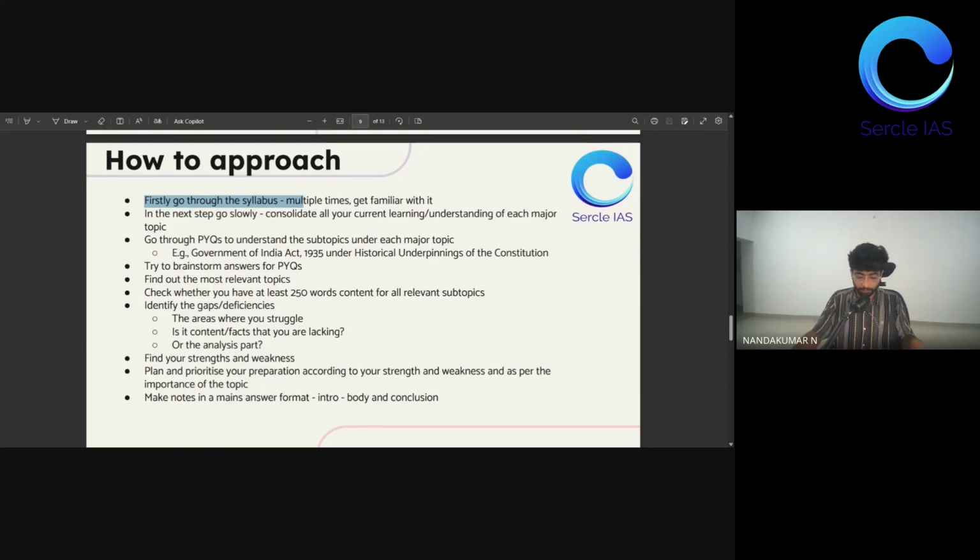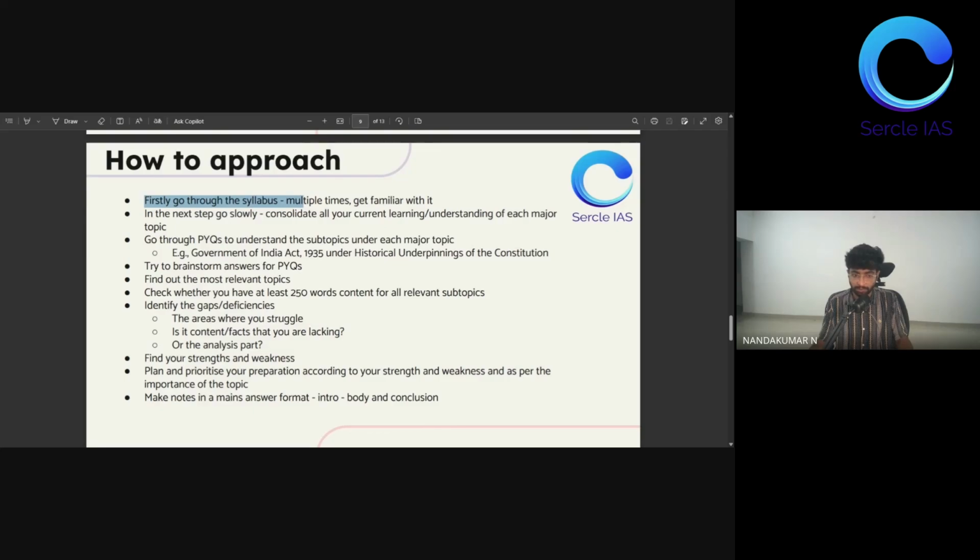There you try to recollect all your pre-existing knowledge and see whether you can generate at least 250 words of content with respect to these topics. And in the next stage, go through all PYQs from 2013 to 2023. It is available in the channel, to understand the subtopics under each major topic.